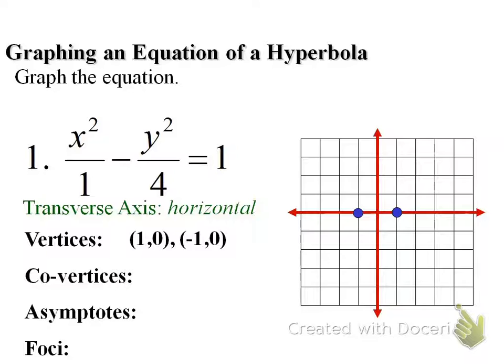Where will my co-vertices be? Very good. 0, 2, we need to go up 2, we need to go down 2. So 0, negative 2.